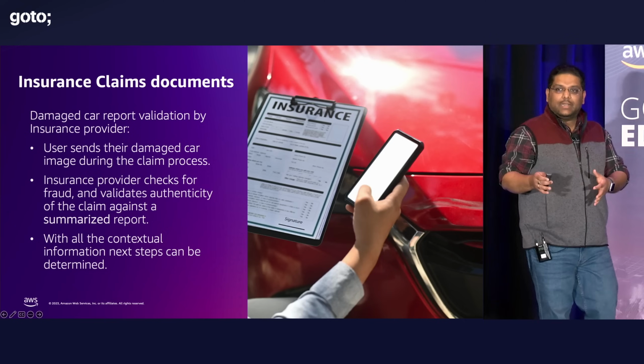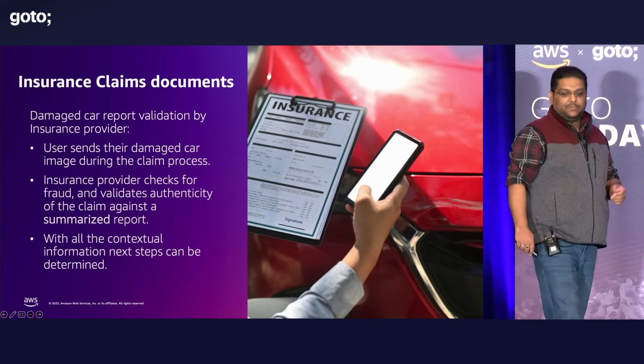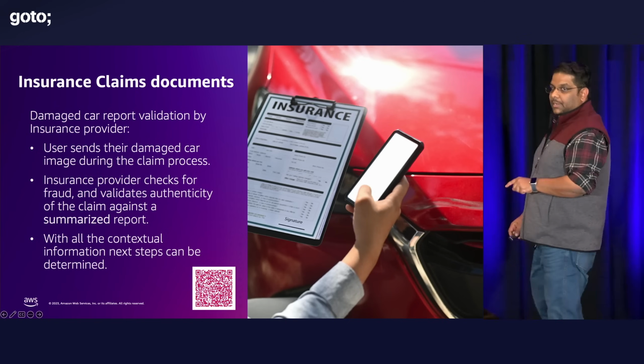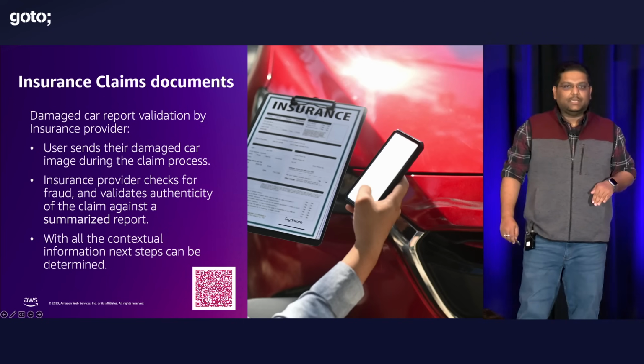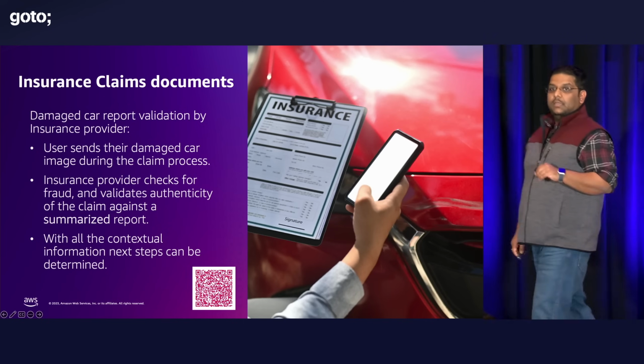How should I move forward and deal with this claim process? So that's a good benefit of generative AI. Here is a QR code which leads you to a blog, which I wrote with the AI/ML team at AWS. It talks about intelligent document processing using generative AI.